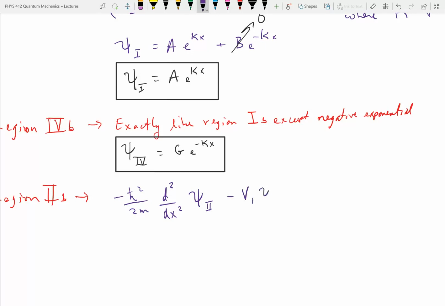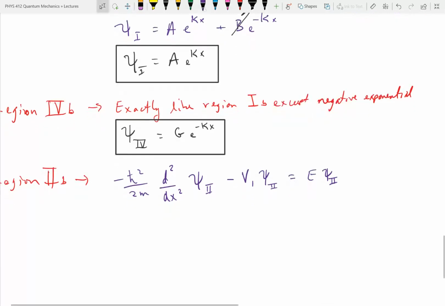This one has a voltage of negative E1. Once again, it's potential energy. Okay, so we do the same thing, I assume. So we assume that it has dx.